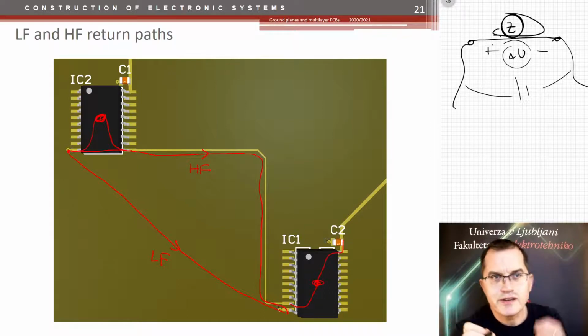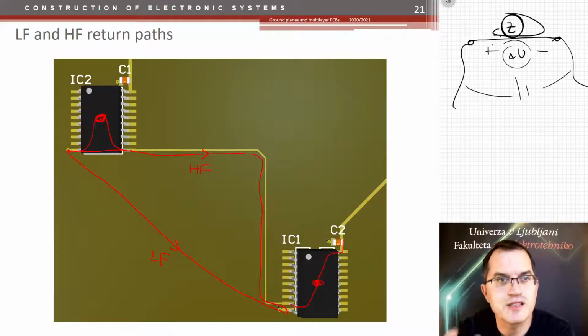So the current as well always follows the path which is the most beneficial in terms of its energy losses. And therefore it also always follows the path which radiates the least.